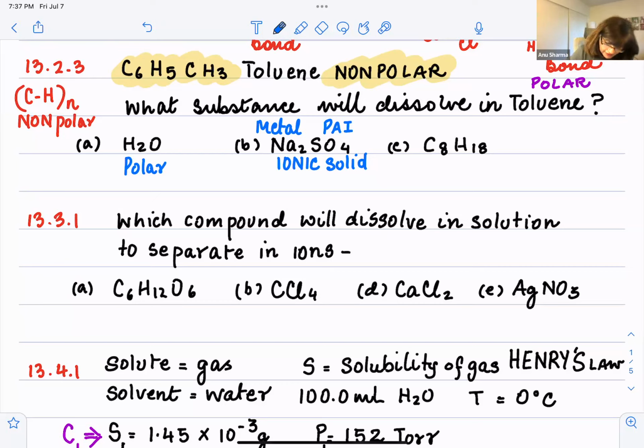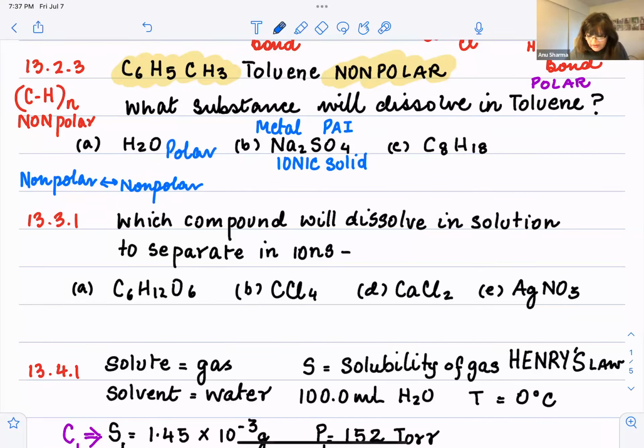So like I said, polar and polar, non-polar and non-polar will mix. So we are going to identify which ones are non-polar now. Obviously water is polar, so it will not mix in this case. That is an ionic solid, will not mix. So this one, C3H18, is non-polar.